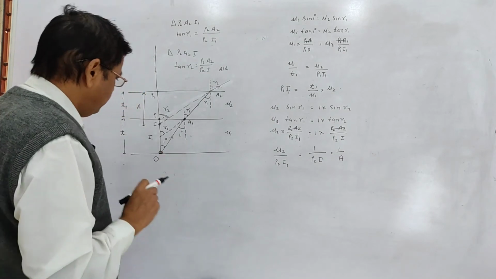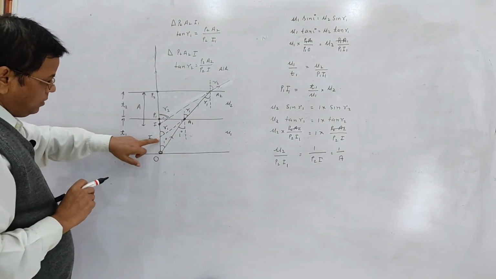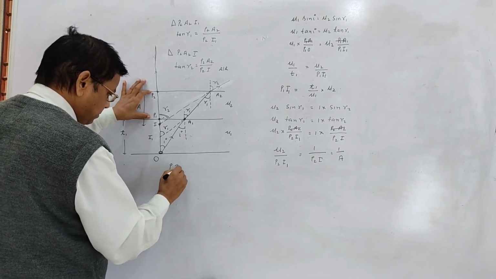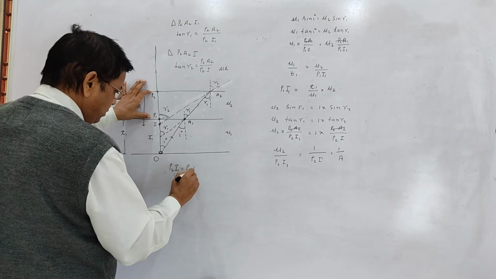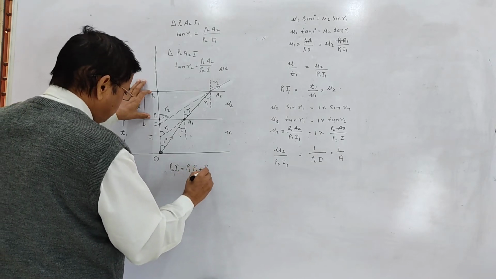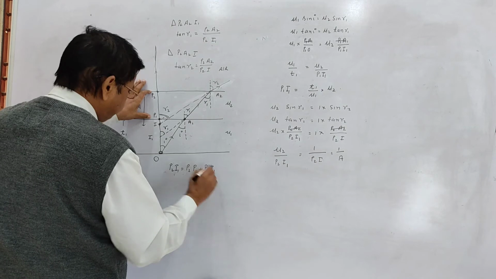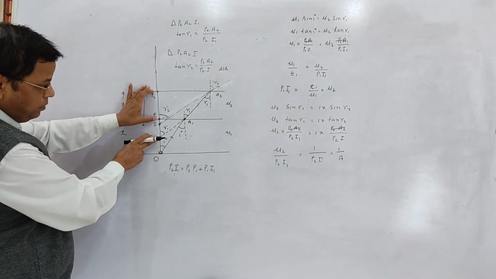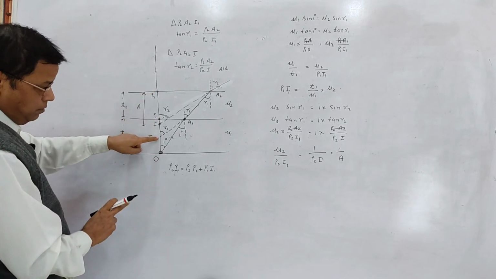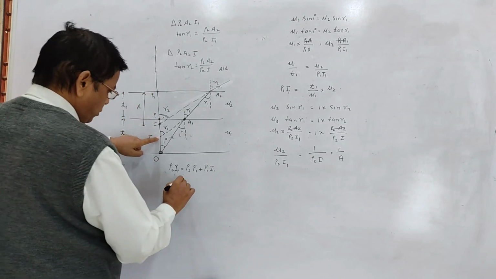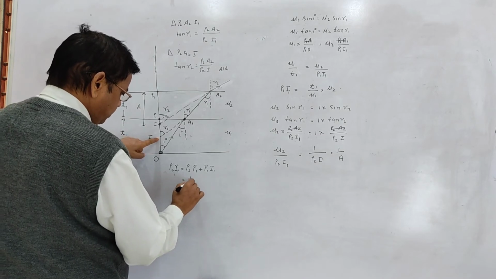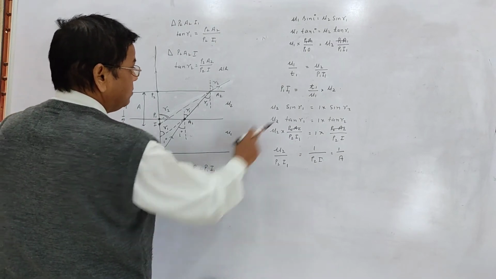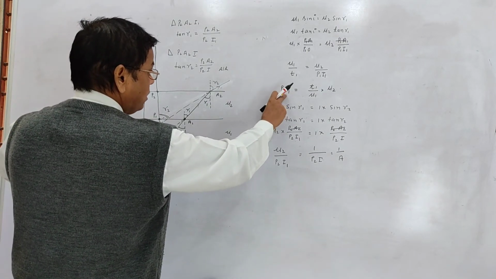Now P2I1 can be written like this: P2P1 plus P1I1. So P2P1 is T2, the thickness of this slab, and P1I1 we have already calculated.